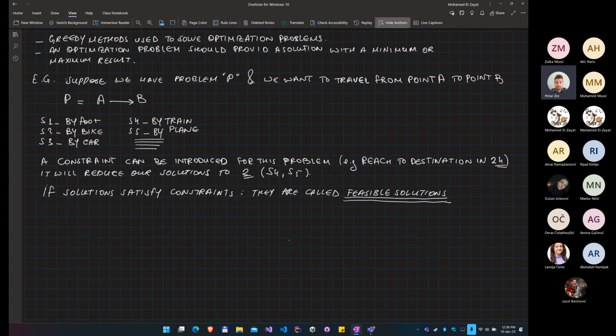So what happens if I say, okay, this is all fun and games, I have two feasible solutions, but I would love to go the cheapest? When you say I would like to go cheapest, this becomes a minimization problem. So you are optimizing by minimizing.